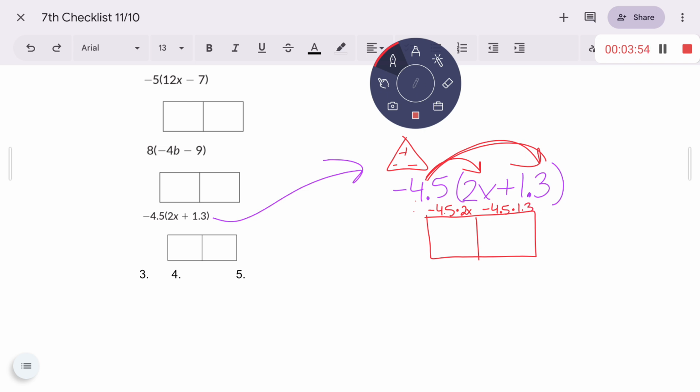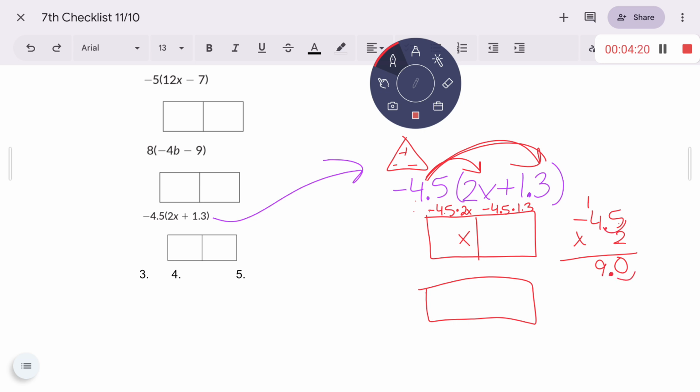Just always make sure you put your signs in here so you know what will come down here into the final answer. So on this one, negative 4.5 times 2, leaving off the x, I'll put the x here though. 2 times 5, 10, carry the 1. 2 times 4, 8 plus 1 is 9. Move it once, so it's 9.